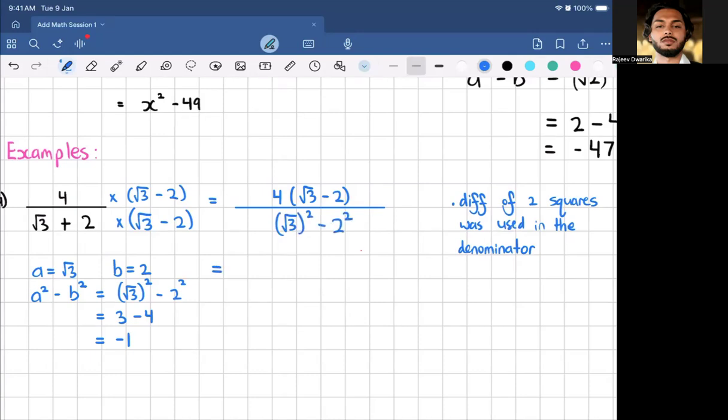So, Shana, are you confused by anything I did at all? No, I understand everything. Great. I'm just building upon what we learned so far. You could all see that A is root 3 and B is 2, and all I did was use difference of two squares. Great. Let's simplify the top now.